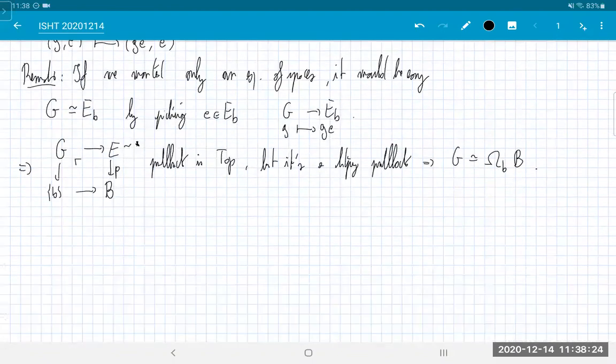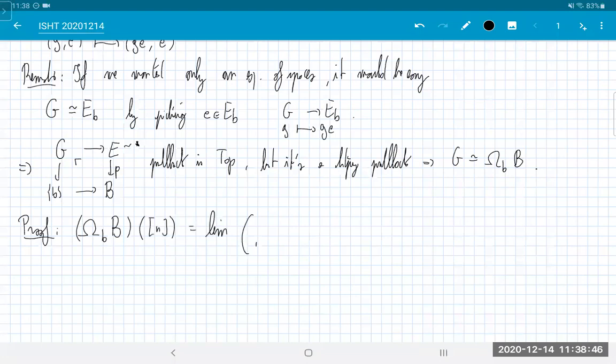Okay, so now let's do the proof in the general case, checking that the group structure is also the same, so that multiplication in G corresponds to concatenation of loops. And the point is that I defined this guy here, you remember, as the limit of this diagram.